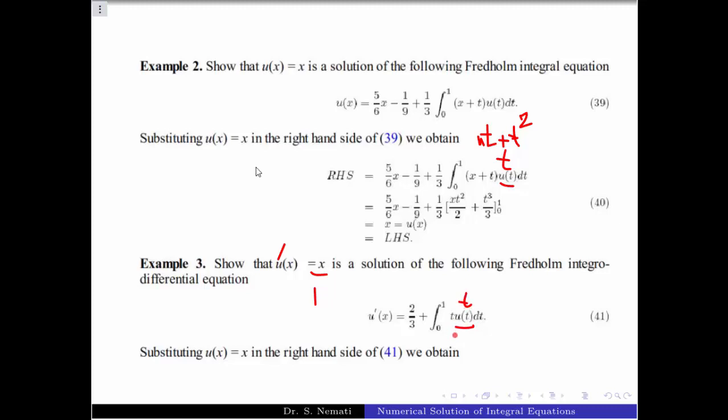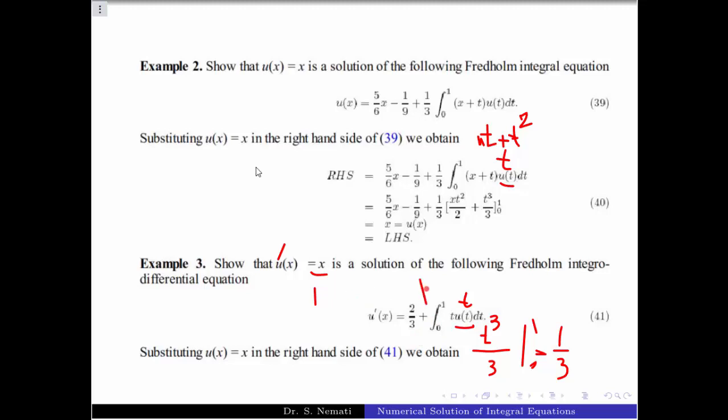We have the integral of t squared dt, which gives the expression t cubed over 3 from 0 to 1, and by substituting these bounds, just the integral part will be 1 over 3 minus 0, and 1 over 3 plus 2 over 3 gives 1.